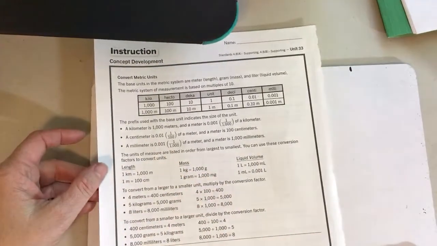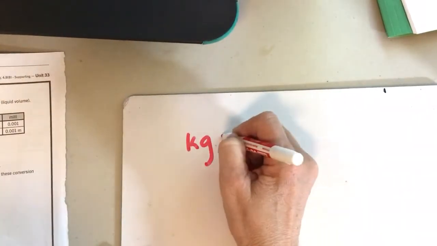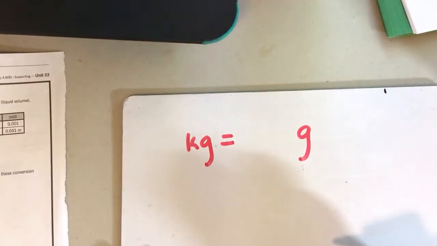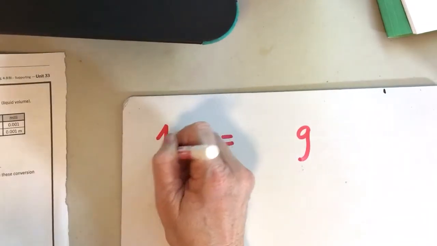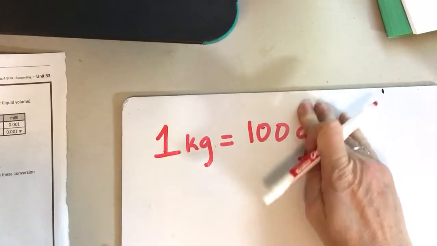So if I think of that kind of like a table, okay, because I'm going from kilograms to grams, okay?